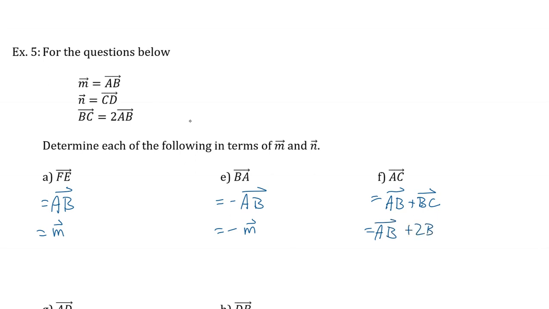You wouldn't have to show all these steps. So 2AB, and AB is vector M. So this is M plus 2M, which is 3M. So that's how I've written it in terms of vector M. In this case, I didn't need N, but I've written it in terms of vector M, right? Okay.